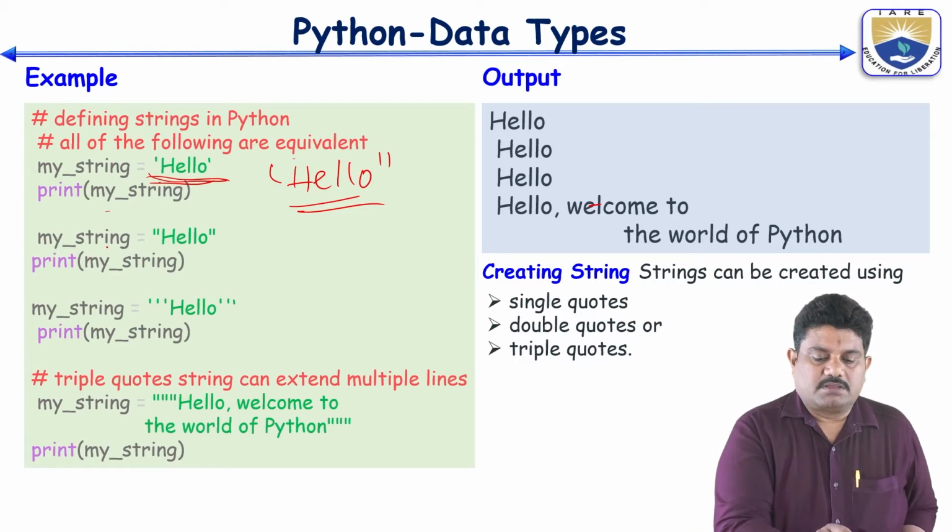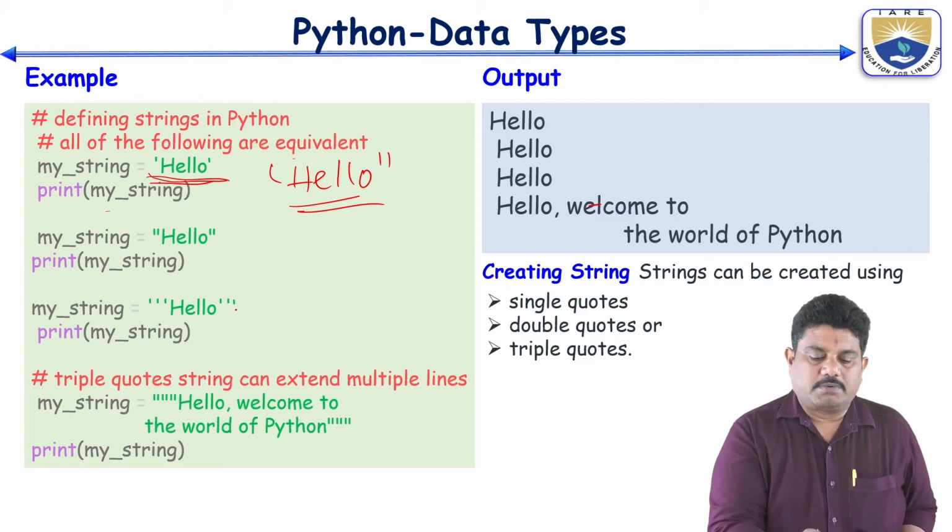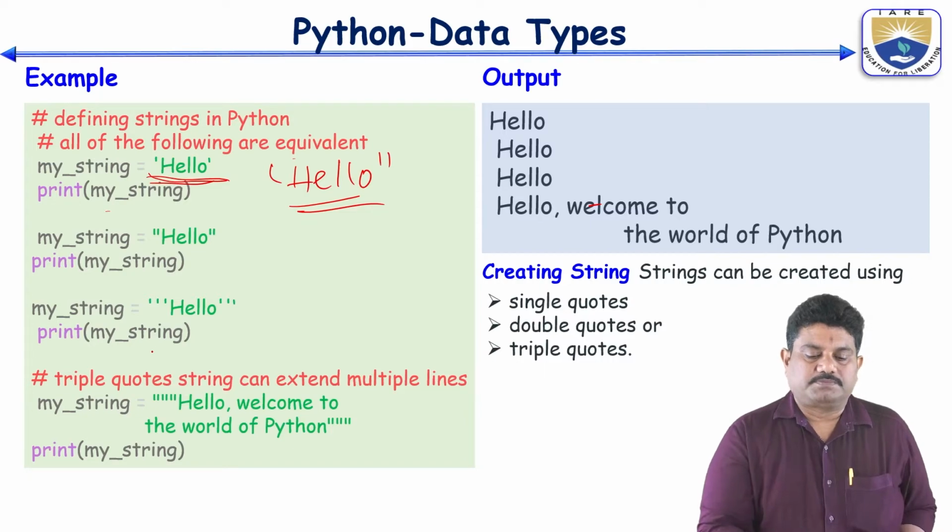And next, one more time I declared my string variable, and in double quotes I have assigned the hello string to my string and printed my string. And the third time, again I am using my string and assigning hello between triple quotes and printing my string.